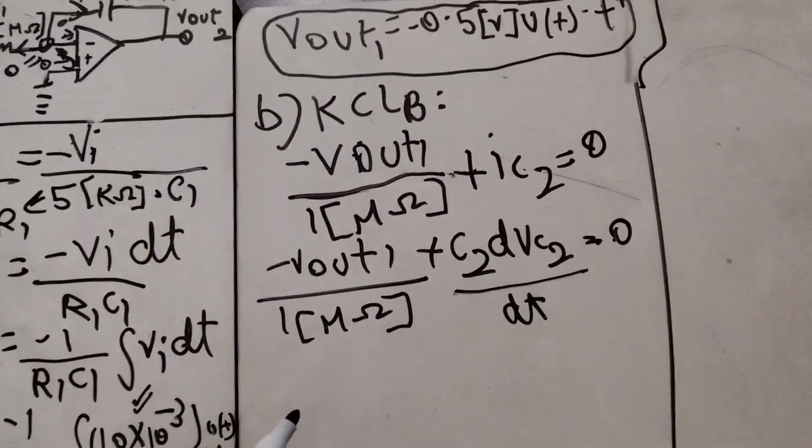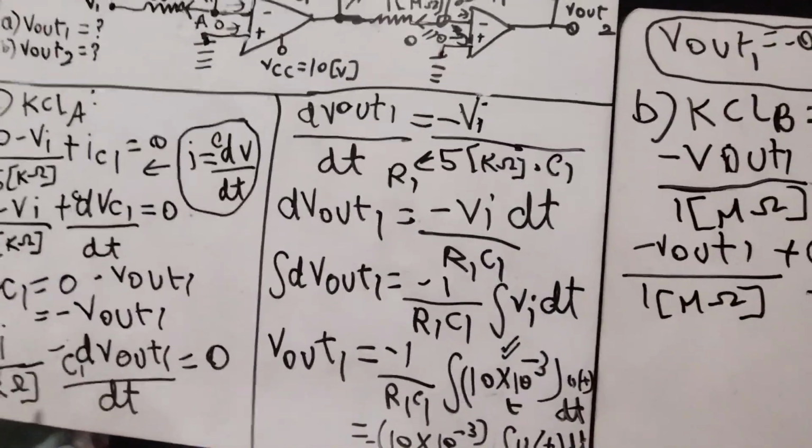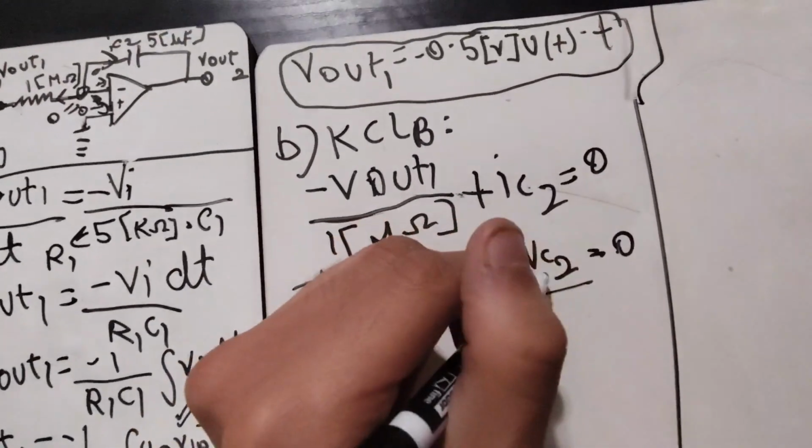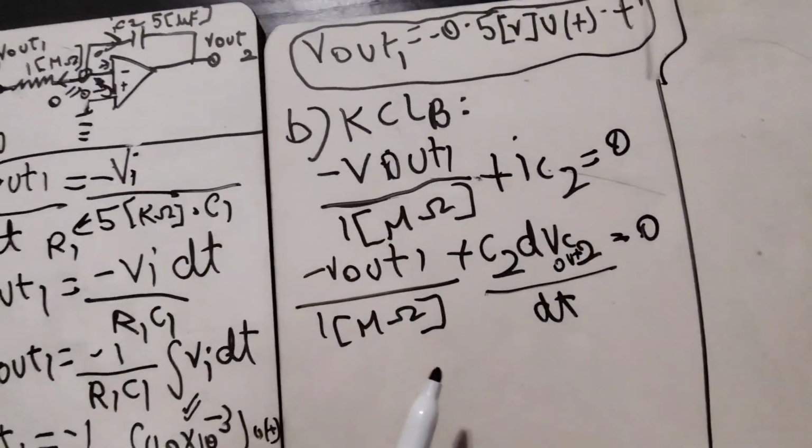Similarly, just how we isolated dVout1, we can do it for dVout2.